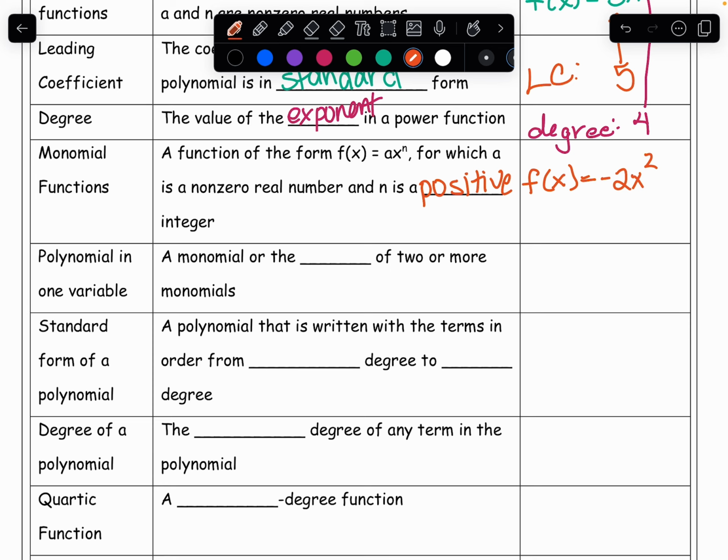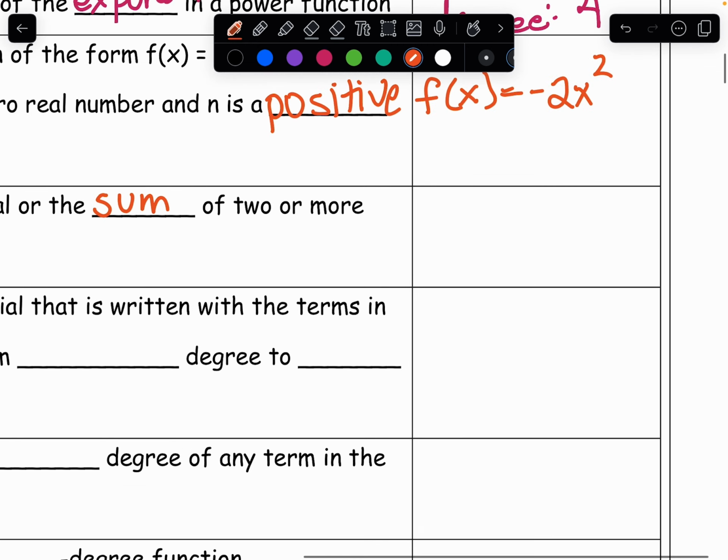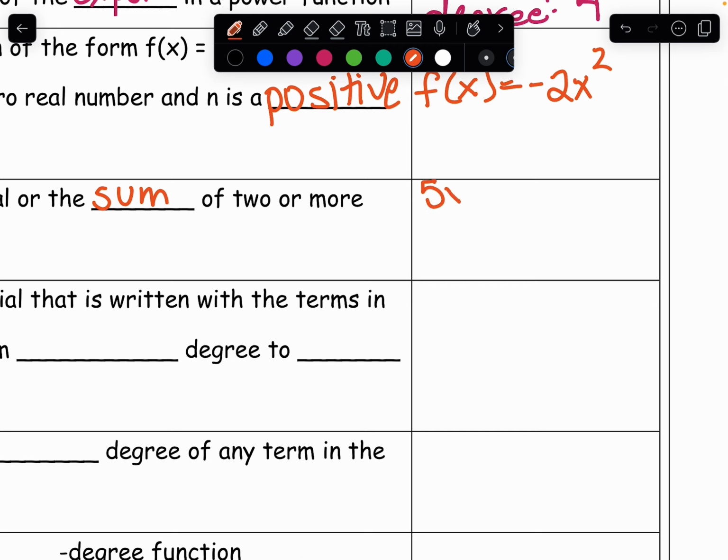A polynomial is a monomial or the sum of two or more monomials. So we can get 5x squared, that's a monomial, or 7x cubed plus 8x cubed. They have the same variable, same exponent, and we would get 15x cubed, another monomial.